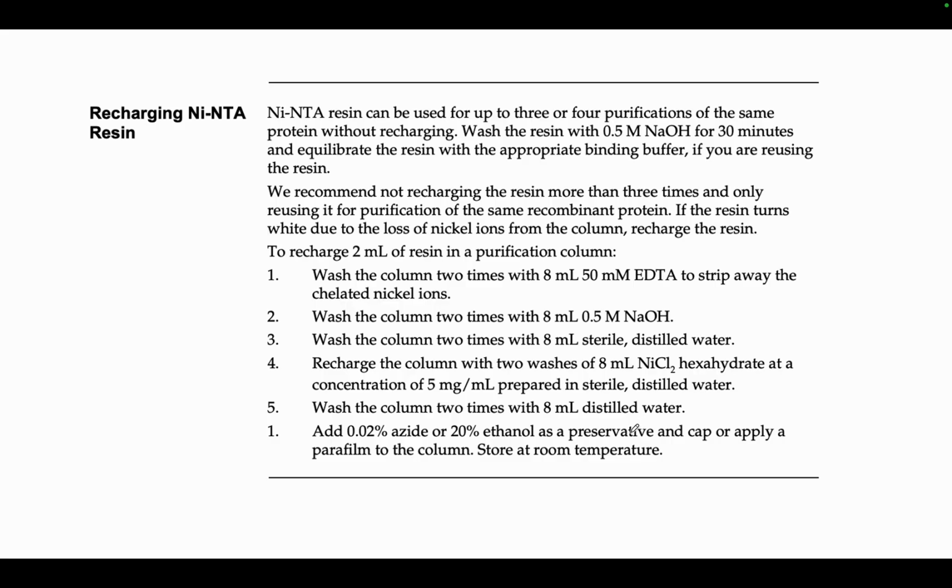Okay, and what that basically means is that this is our nickel column. We can basically remove the nickel, remove all of the bound compound, remove any protein which is stuck, remove everything, and then just regenerate it. So we will add fresh nickel. Okay.